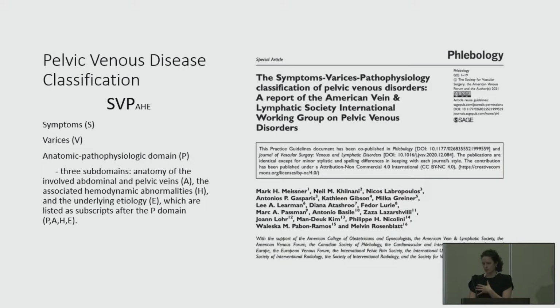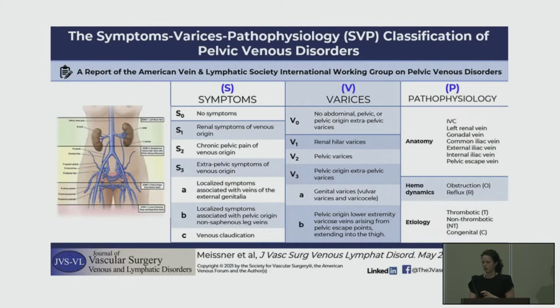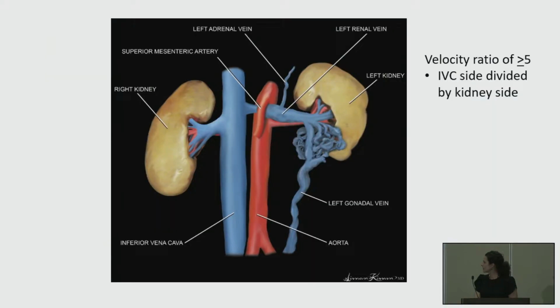I think this will be advancing the field dramatically. And here's just the overview of the symptoms, varices, and pathophysiology. Here's the chart, which I'll leave it up to you to read because it is kind of wordy. It's helpful, though, for the patients.